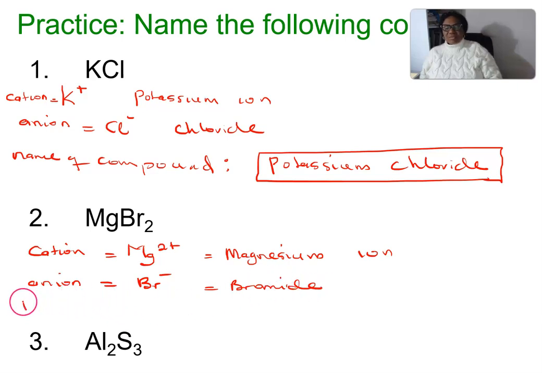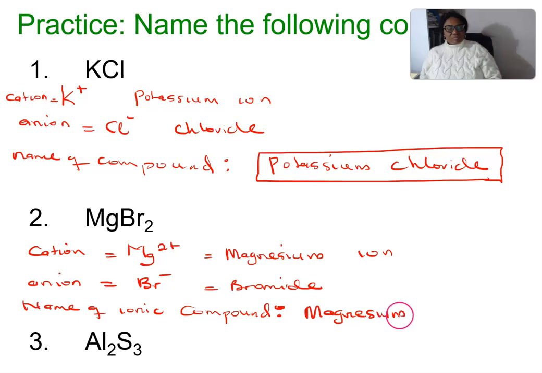Name of the ionic compound: it's the name of the cation and the name of the anion. So it is magnesium bromide. So this last example, just practice and do it.